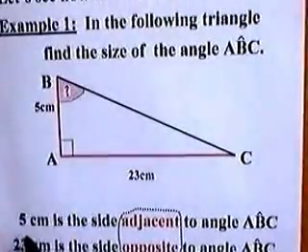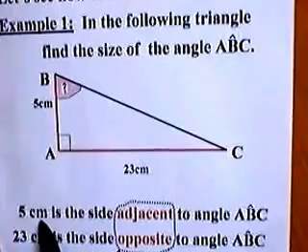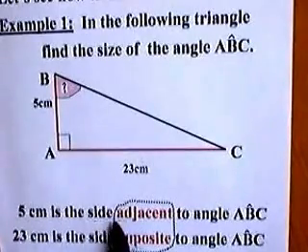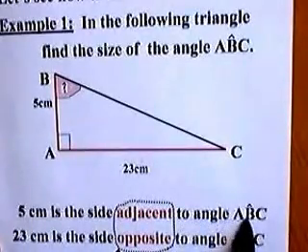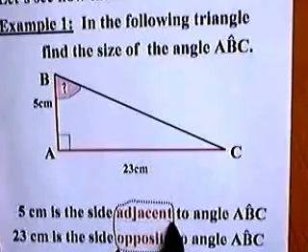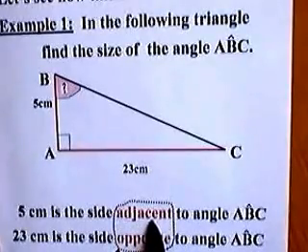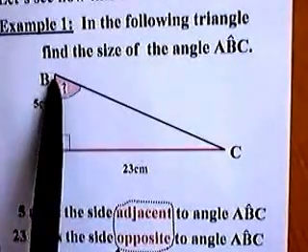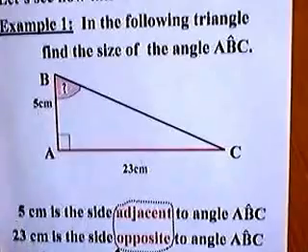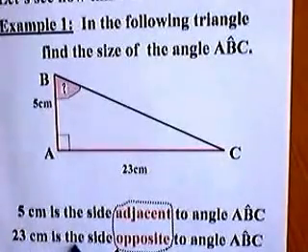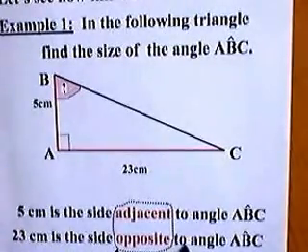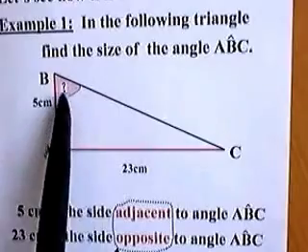We say that the 5 centimeter is the length of the side which is adjacent to the angle ABC. Now you will know from our first lesson that adjacent really means alongside, so it's that one alongside the angle. And the 23 centimeters is the side opposite to the angle ABC.